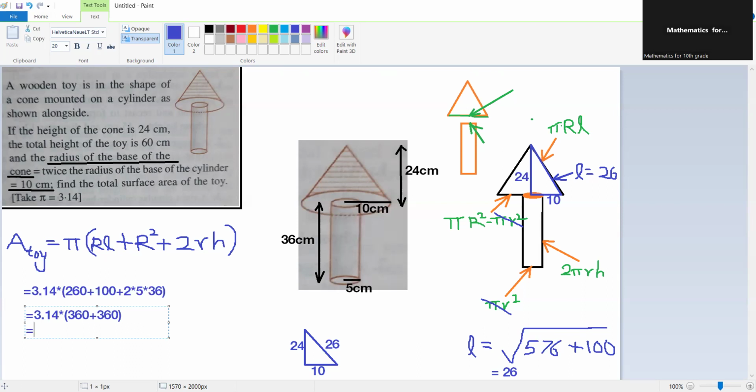Which is equal to 3.14 into 720, since 360 plus 360 is 720. Now 3.14 into 720 we can calculate easily.